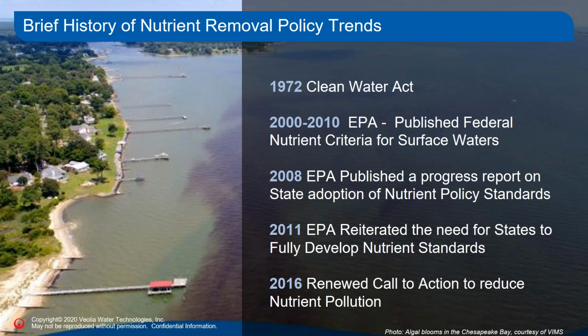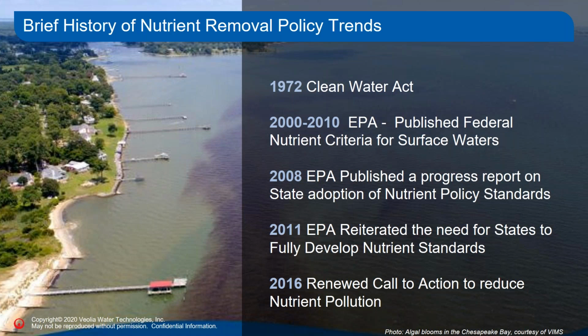So the history of the nutrients removal follows the history of the organic pollution removal in the surface water bodies in the United States, starting with the Clean Water Act. And in the first decade of the 2000s, EPA published federal nutrients criteria. And since then, the NPDES permits for direct discharges have been getting tighter and tighter as we go.